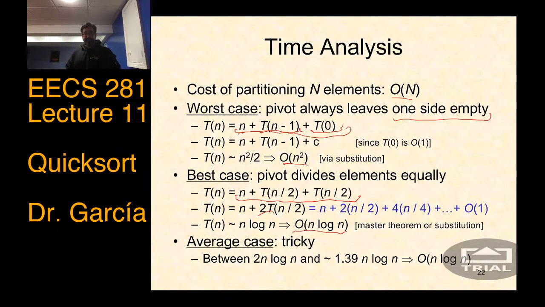Okay? And the average case analysis would be actually really, really complicated because you would have to assume some uniform distribution for the input array and then establish Chernoff bounds and all that sort of stuff. And then all that it will come out with is that it's roughly 1.39 n log n. Okay?